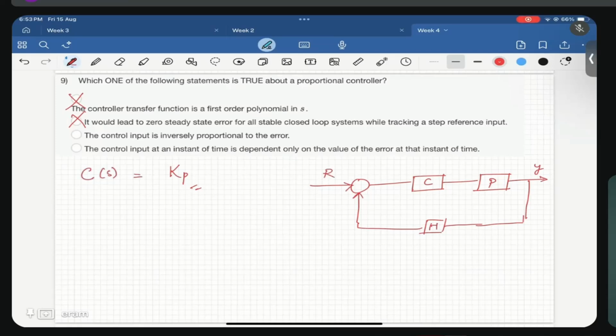This is the reference r(t). Now let's suppose h equals 1, then this will be y(t), so plus minus. And here the controller in our case is kp. r minus y is nothing but error. Can you identify whether the controller is proportional or inversely proportional to error?